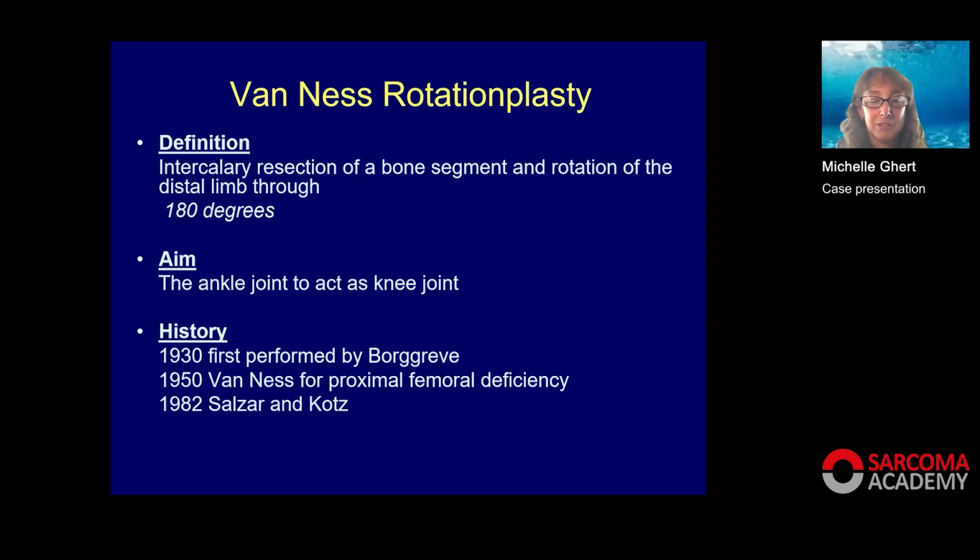What it means is you resect what is affected, and then whatever's left, you turn around 180 degrees. And so you create a new knee joint. The goal is to create a new knee joint. It's been around for almost 100 years and was developed in Germany, Europe.